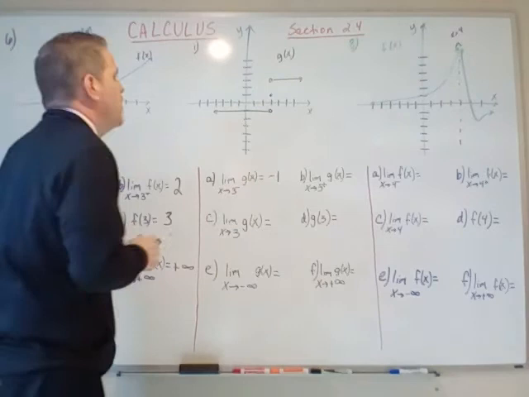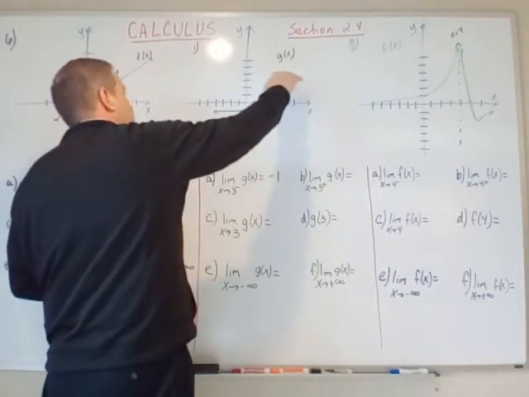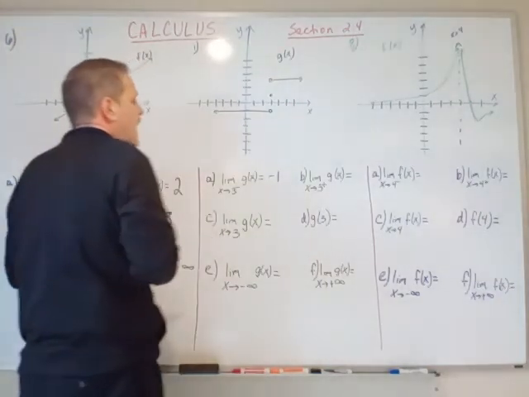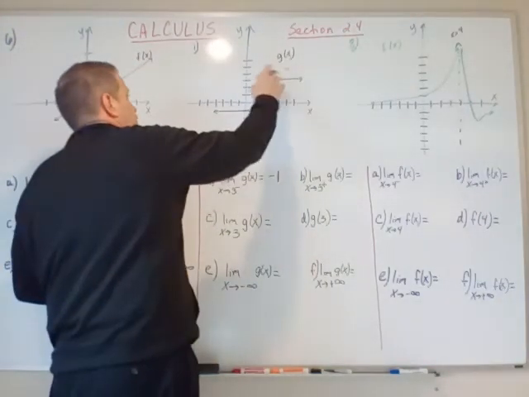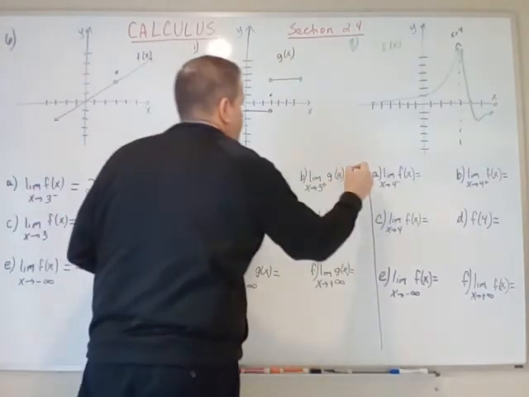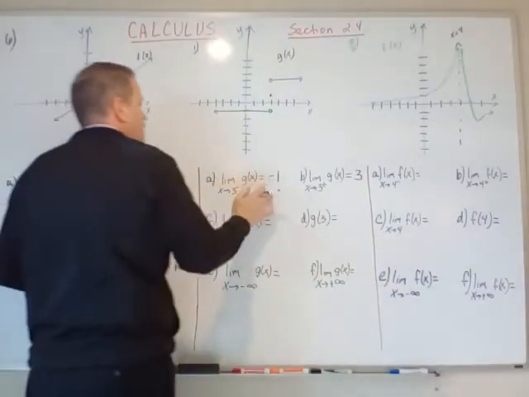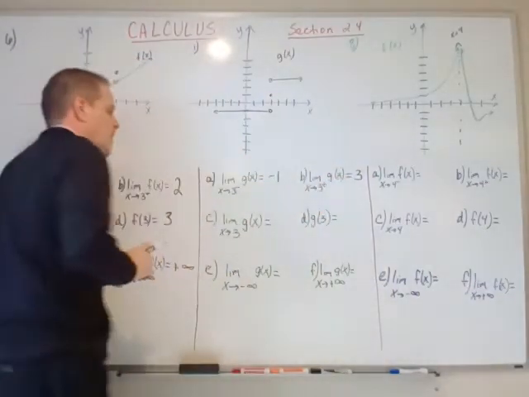Right side limit: we're to the right of 3. Now we're up on this piece of g of x, and as we approach 3 from the right, the function is behaving like 3. So we've got a left side limit of -1 and a right side limit of 3.